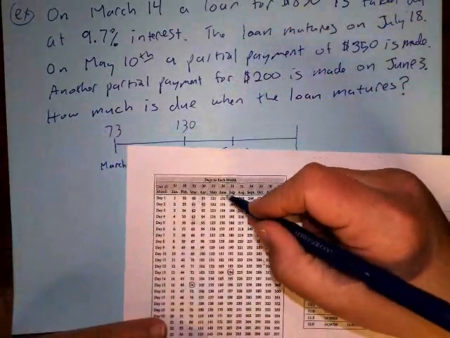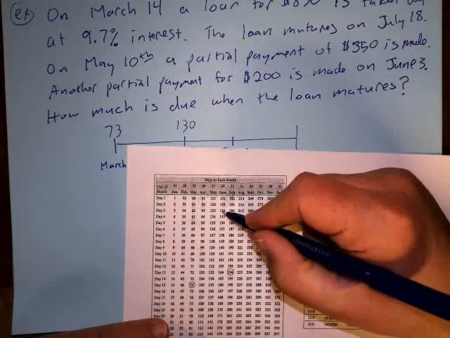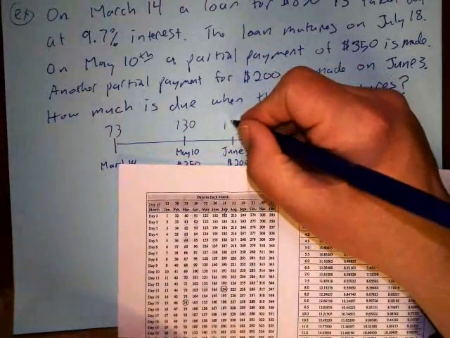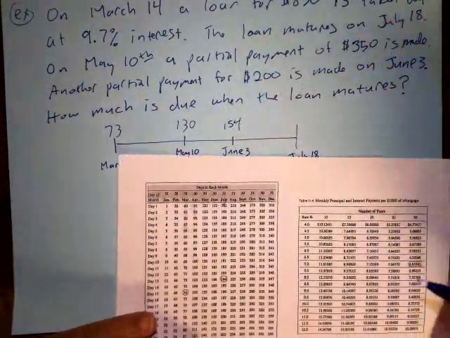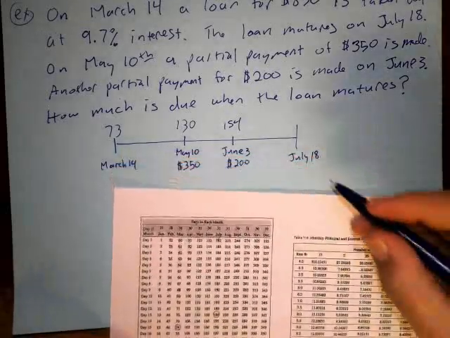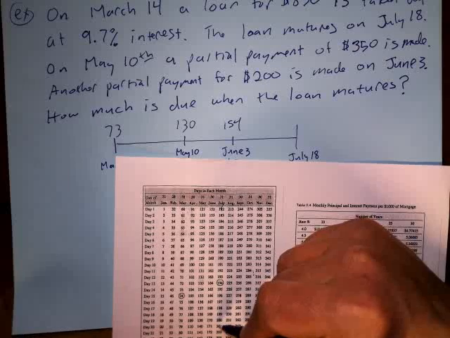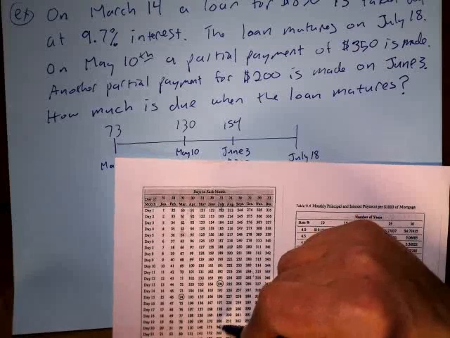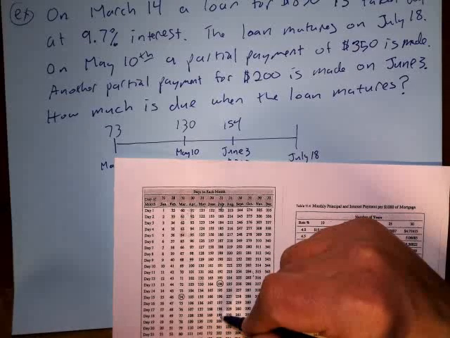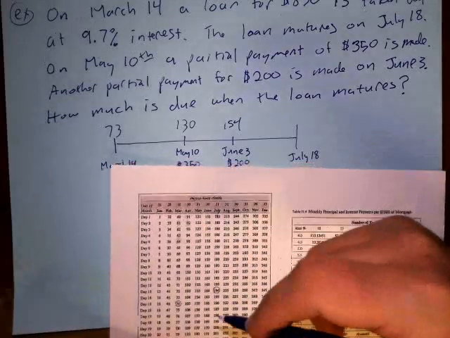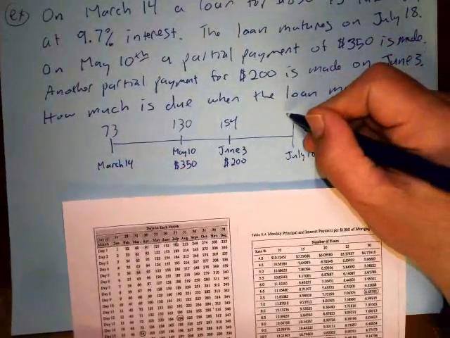June 3rd is the 154th day of the year. And July 18th is the 199th day of the year.